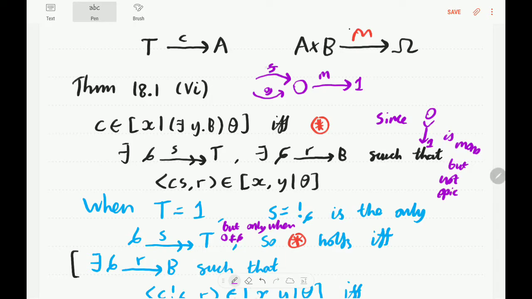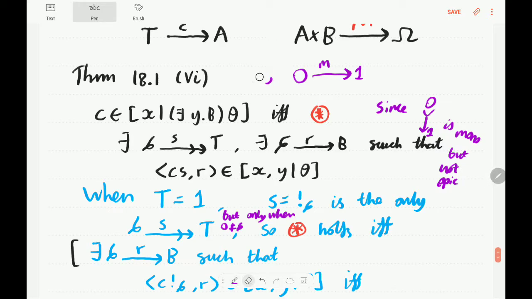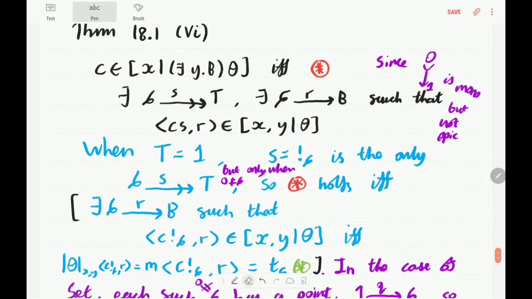But in a topos, the only arrow into an initial object is one that comes from an initial object. So it's all fine. So yeah, that's a monomorphism.